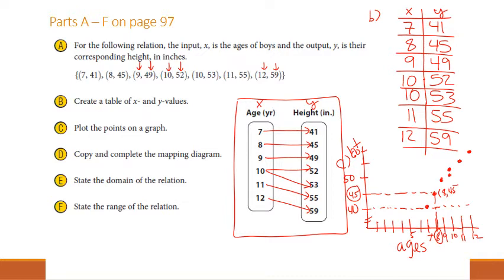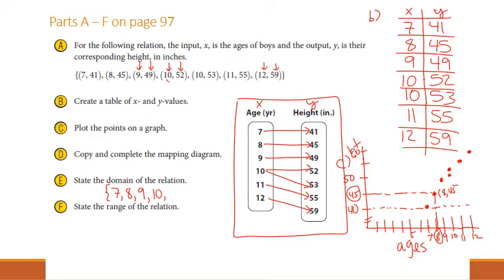Part E asks you to state the domain. I'm going to use these curly brackets to state the domain, and the domain are all the inputs or the X values. So 7, 8, 9. I use commas to separate them so I know I'm talking about different values in the set. 10 repeats.